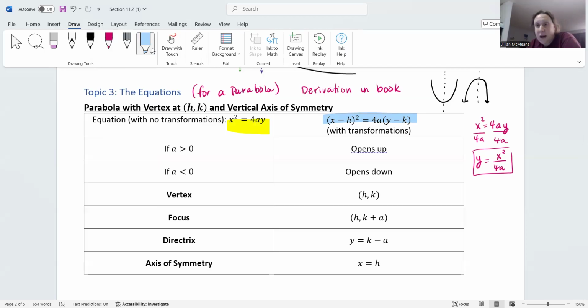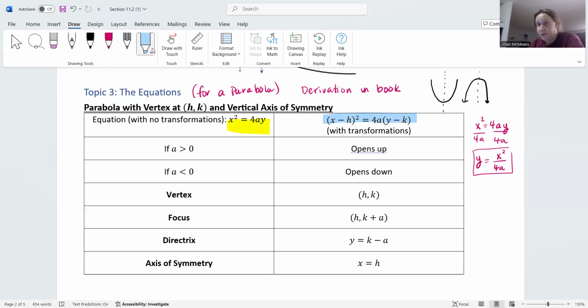Now, depending on what a is, if a is positive, this is going to be a parabola that opens up. If a is negative, this would be a parabola that opens down. Okay? The vertex is whatever you subtract from x, h, and whatever you subtract from y, k.